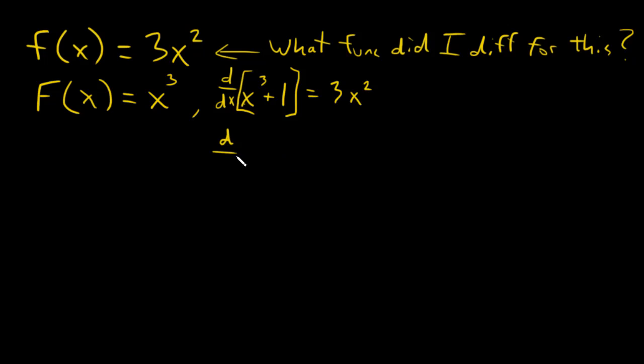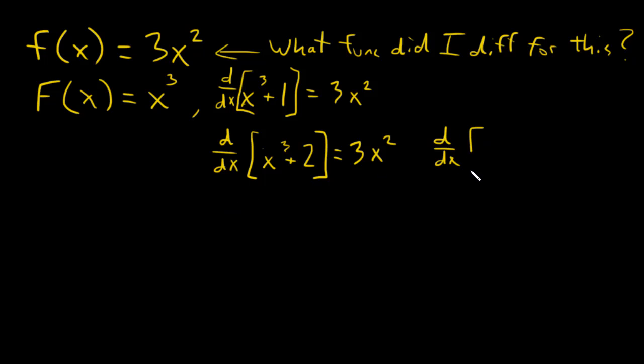What if I take the derivative of x cubed plus 2? Well, that's 3x squared. What if I take the derivative of x cubed plus 9,413? Well, it's still 3x squared. So my question is, which function did I differentiate to get this? Was it x cubed? Was it x cubed plus 1, x cubed plus 2, x cubed plus 9,413?